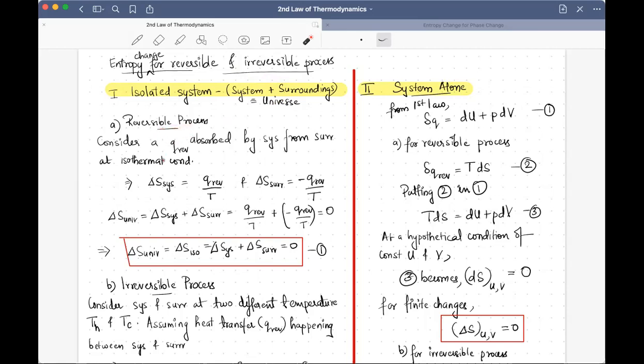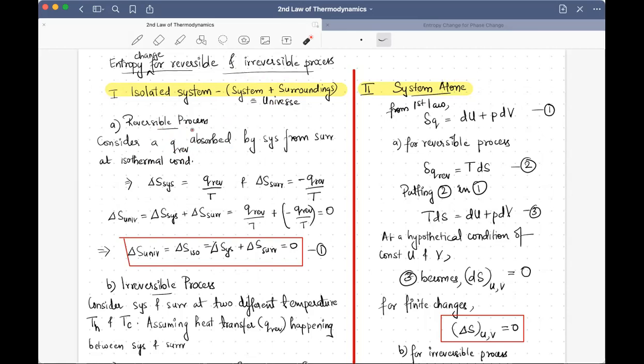For calculating that, consider Q reversible, that is the heat absorbed by a system from the surrounding at isothermal condition.